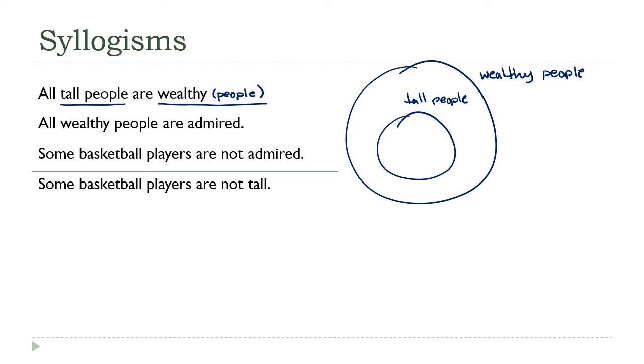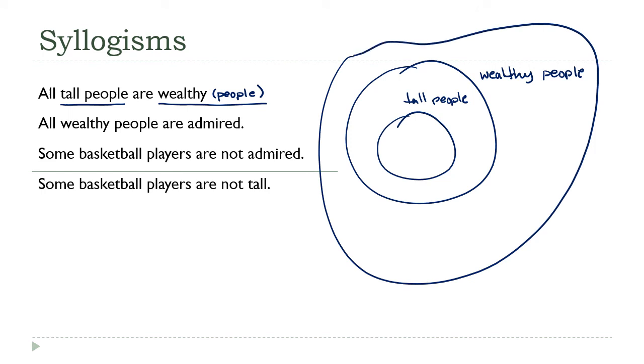All wealthy people are admired. Again, this is an all, so the wealthy people circle is going to be completely contained in, not very artistic, not a perfect circle, but you get the idea, the admired people.